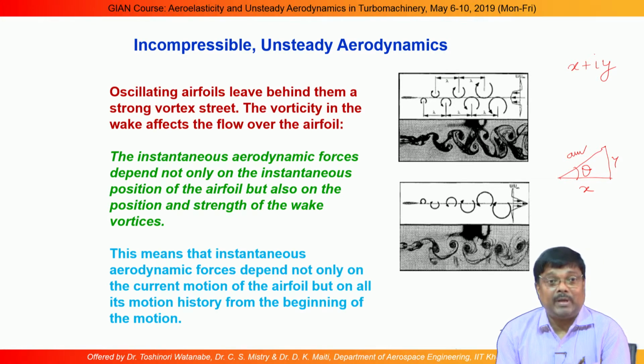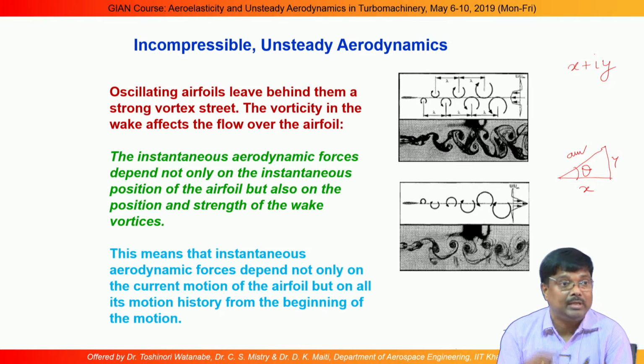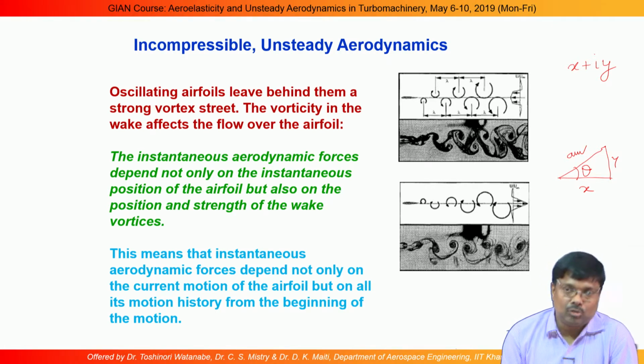But if I have a CFD code which can make the calculation in the time domain, then there is no problem, I can take that also. But solving the Navier-Stokes equation in the time domain is not such an easy task. When I go to the time domain, every time step I have to solve the CFD code. It takes a lot of time.